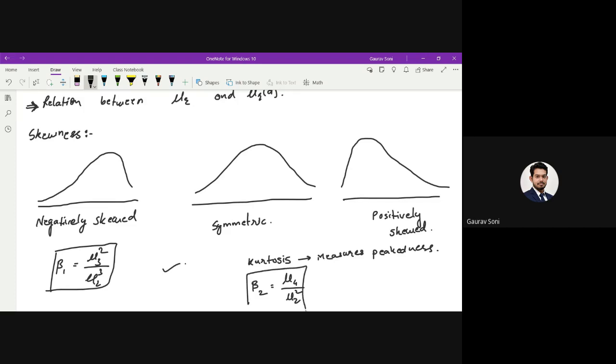This is the coefficient of kurtosis. So if it is greater than 3 or less than 3, we declare accordingly. Fine. As we have done, we will go for examples.